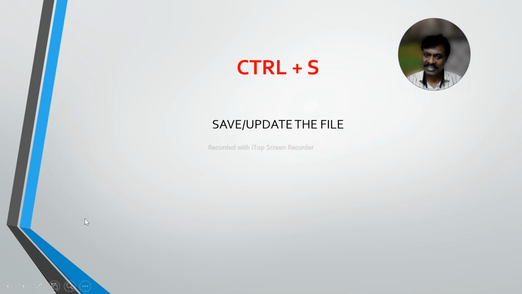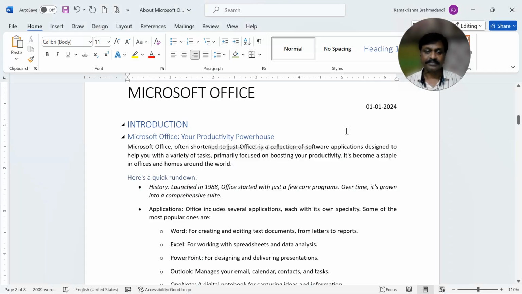This file is already saved. If you press Ctrl S or click the Save button, nothing visible will happen. Whatever things we are editing, whatever updates have been made in this document, all that will be updated.